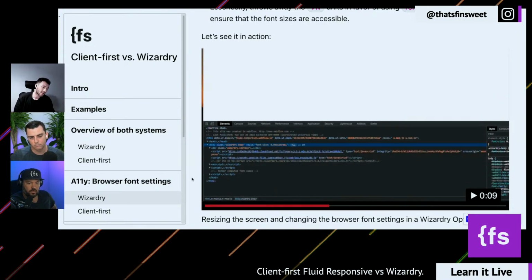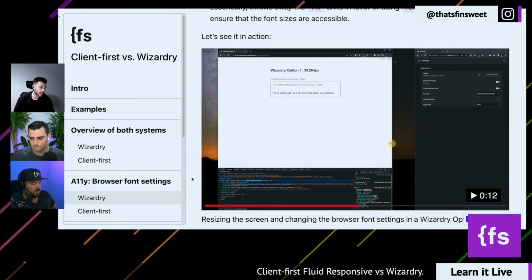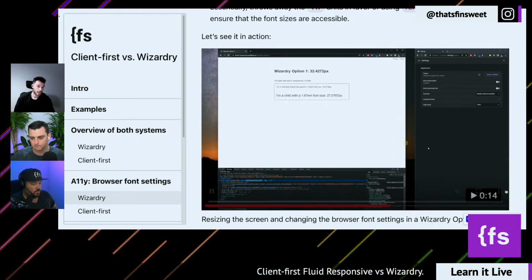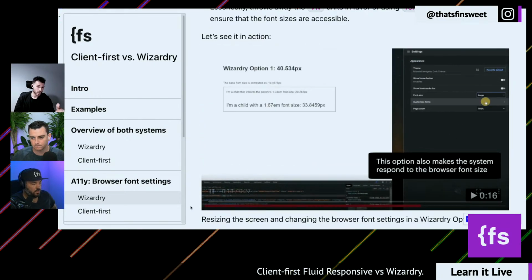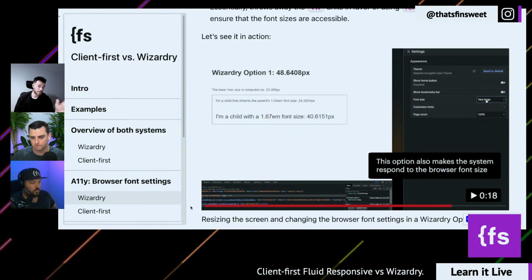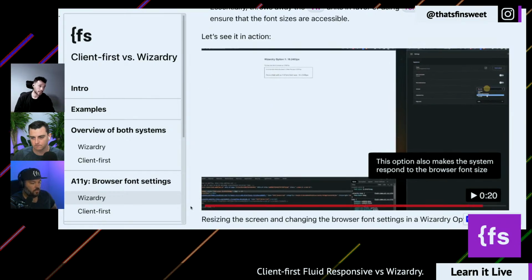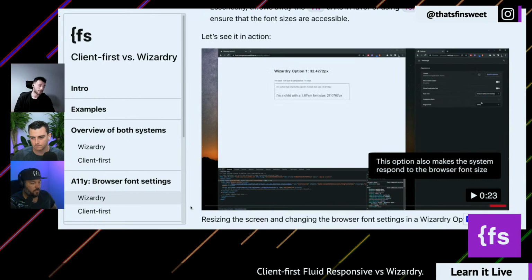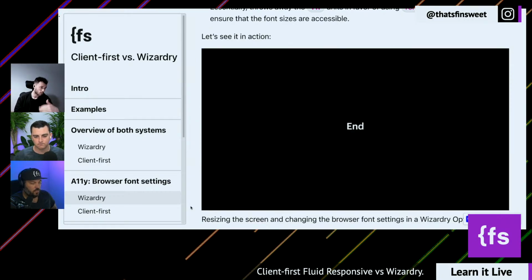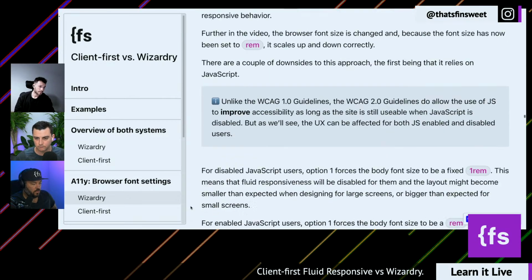I don't know if you can see it correctly here, but the body font size now has become REMs. We'll see later when we go into zooming that this JavaScript snippet does not solve zooming. And there are a bunch of issues because of that, but we'll dive deeper later.